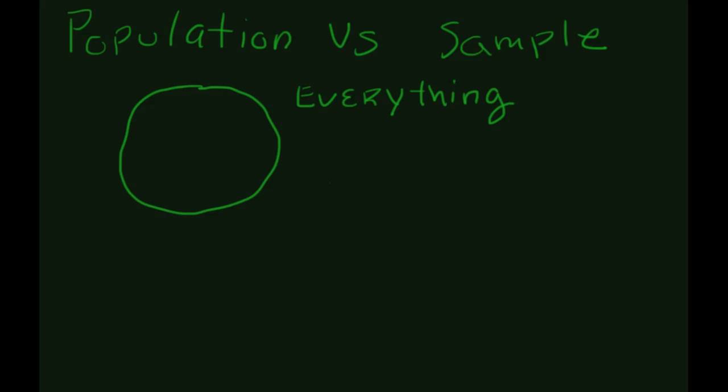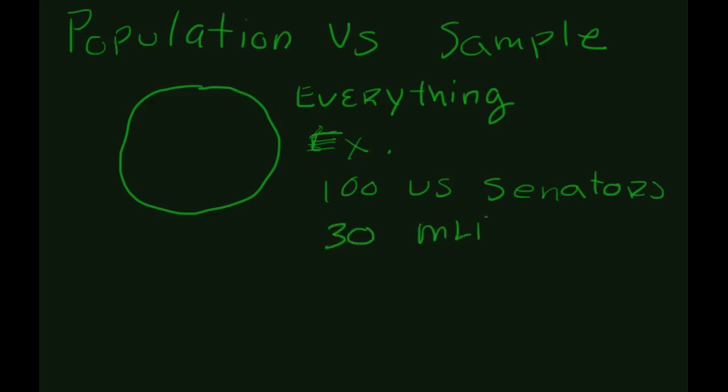So some examples of this are things like the 100 U.S. senators, which would be the entire population of U.S. senators, or the 30 Major League Baseball teams.